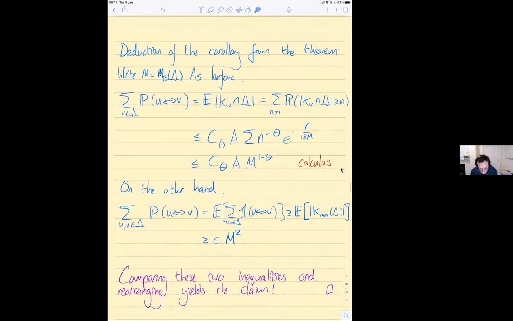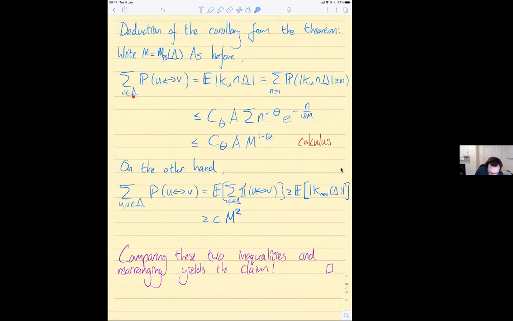So let's see the deduction of this corollary from the theorem, because it's very simple. So first of all, if I fix a vertex u in lambda and sum over all other vertices v in lambda the connection probability, well, again, that's just the same thing as the expected size of the intersection of the cluster with lambda.